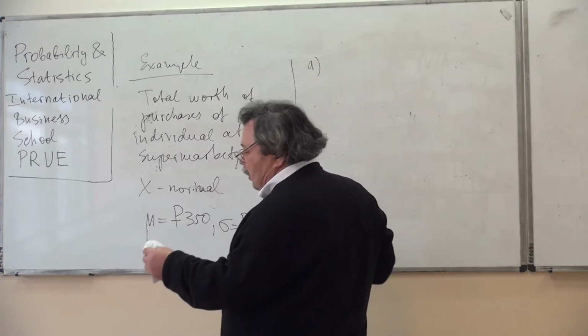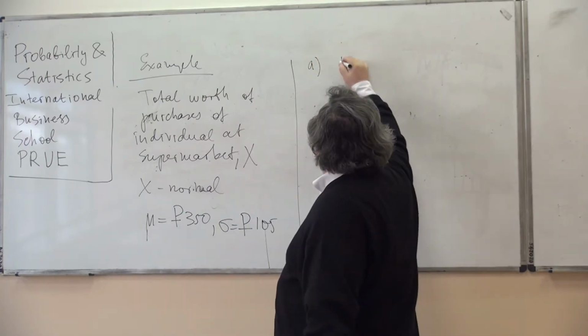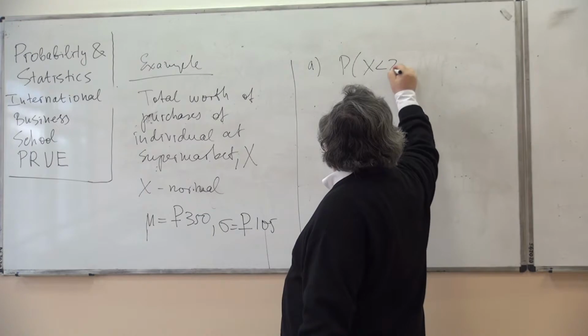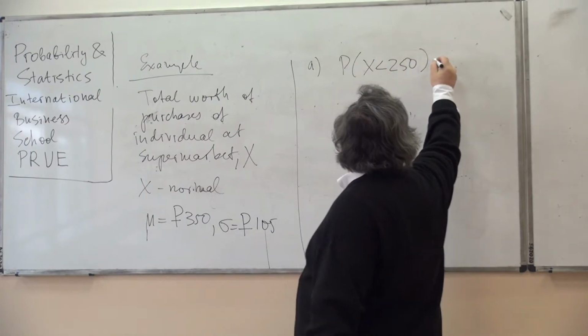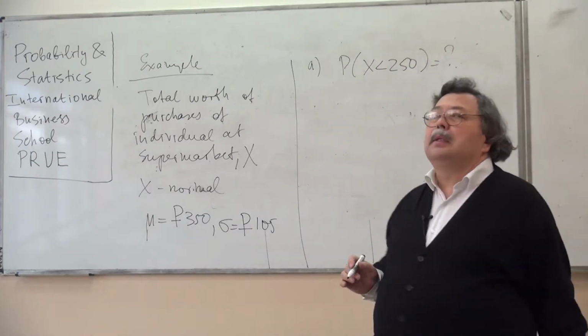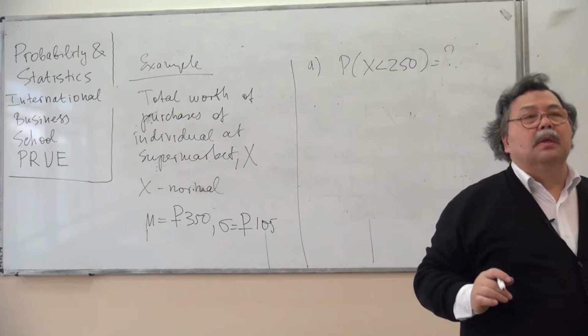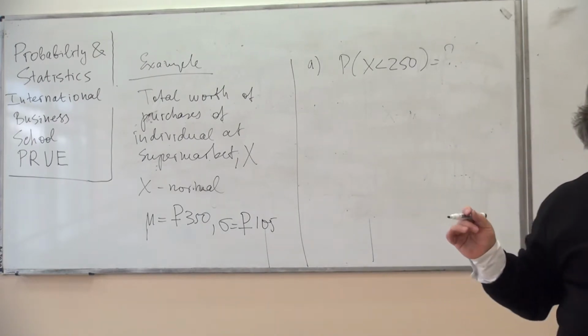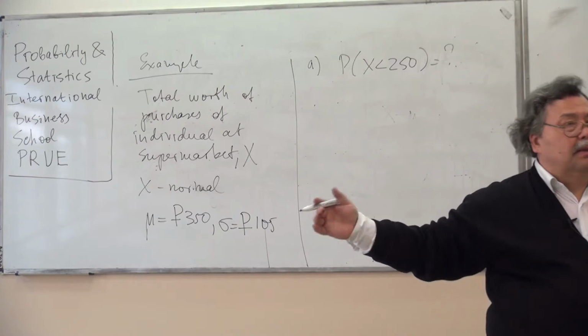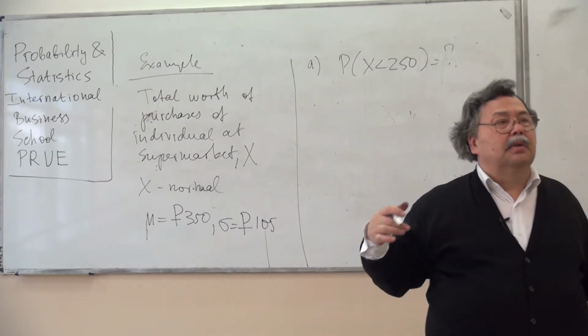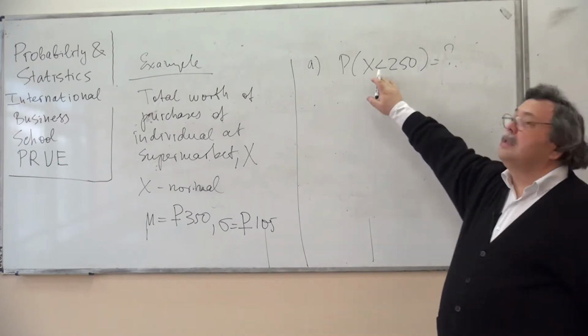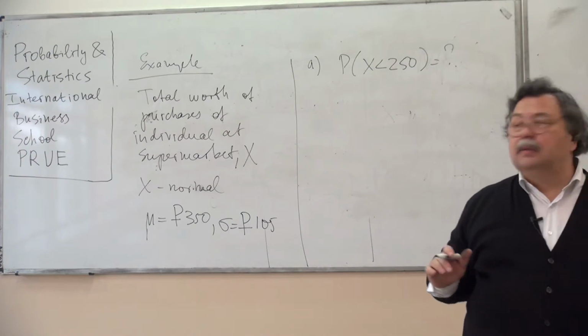Question A. What's the probability that a randomly chosen customer in this supermarket buys stuff to the total worth that is less than 250?